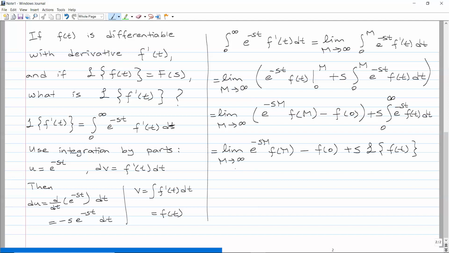So I need to somehow take care of this limit. Remember from last time, to make sure that a Laplace transform of a function exists, in this case we are assuming the Laplace transform of the function f exists, which is capital F, we have the absolute value of f less than or equal to a constant k times e to the at, for some constants k and a, so that the Laplace transform of f exists, which is F of s.